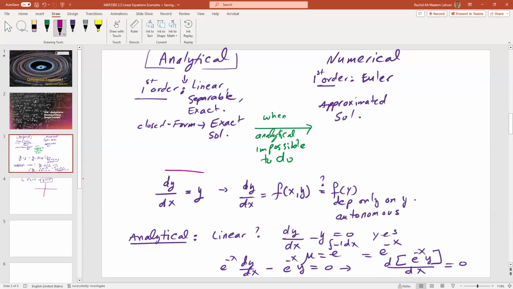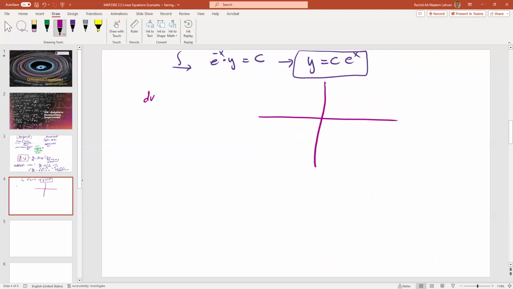Let's get you the question here. So dy over dx, this first derivative, equals y. Let's give you kind of an idea here. So if I have x, y, and I have the slope, let's say I pick a point 0, and I will get 1.